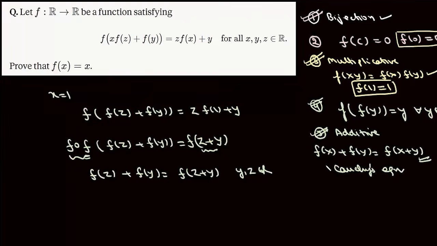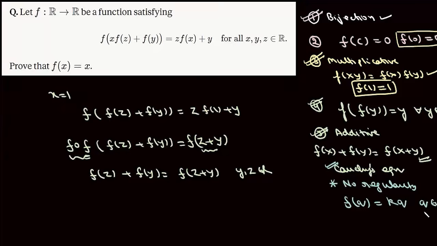We have proved it is a Cauchy's equation, but then there's no regularity given in the question. And without regularity, we can say that at best, f(q) is some kq where q is a rational number. We cannot say it for all real numbers.